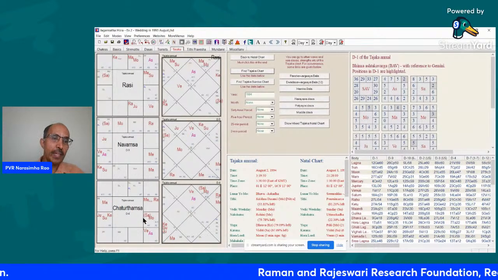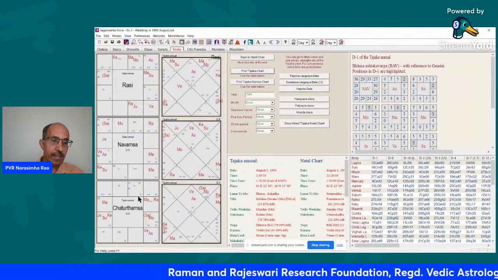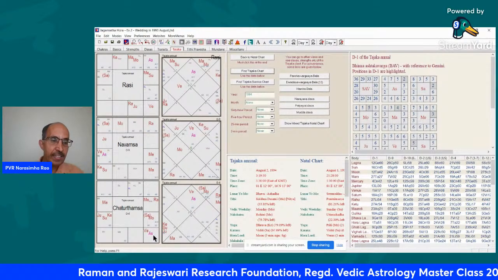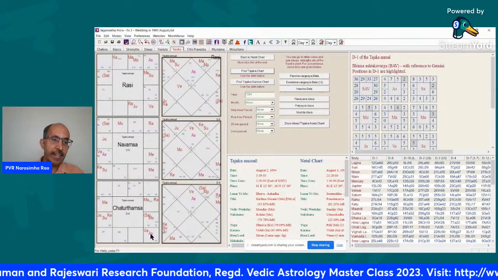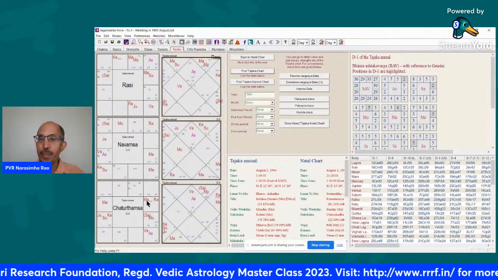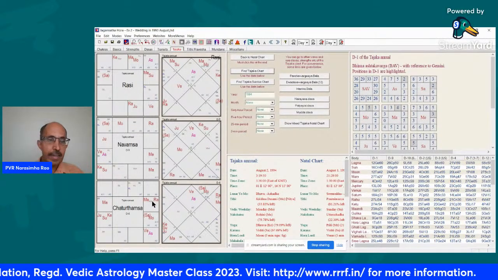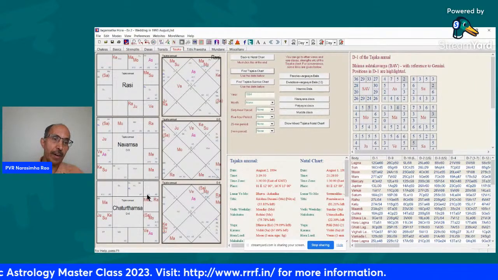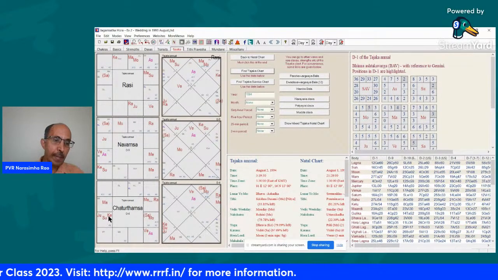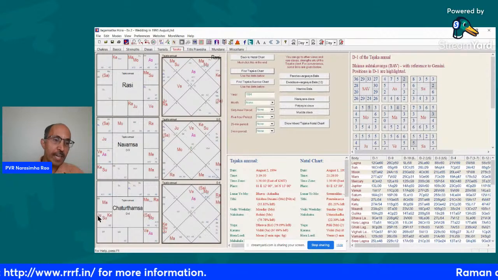And if you look at the Chaturthamsha chart, you see that ninth lord Venus is in Lagna, and the Lagna lord Mercury is with Rahu, the Karaka of foreign residence. Also, he is aspected by Sun, the 12th lord, and Jupiter, the Badhaka lord.